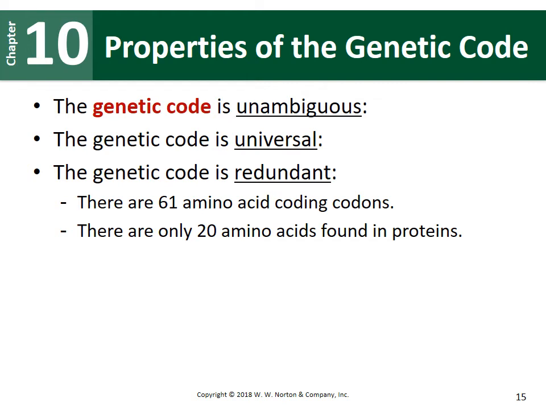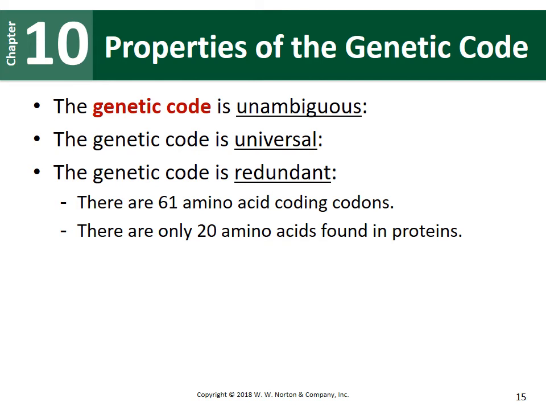So in order to bring in the correct amino acid when having the codon match up with the anticodon, we have a chart called the genetic code. This genetic code is unambiguous, it is universal, and it is also redundant. So these things are very important.